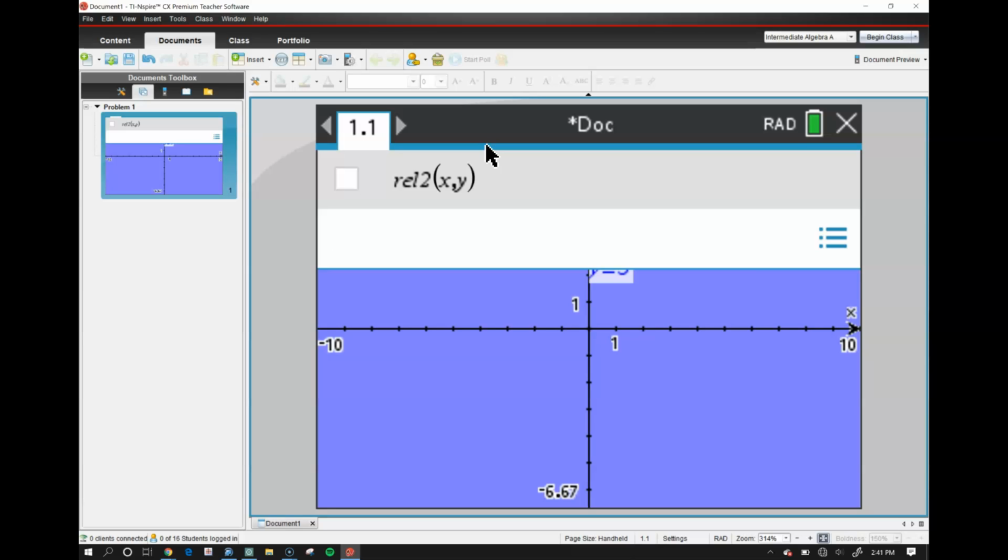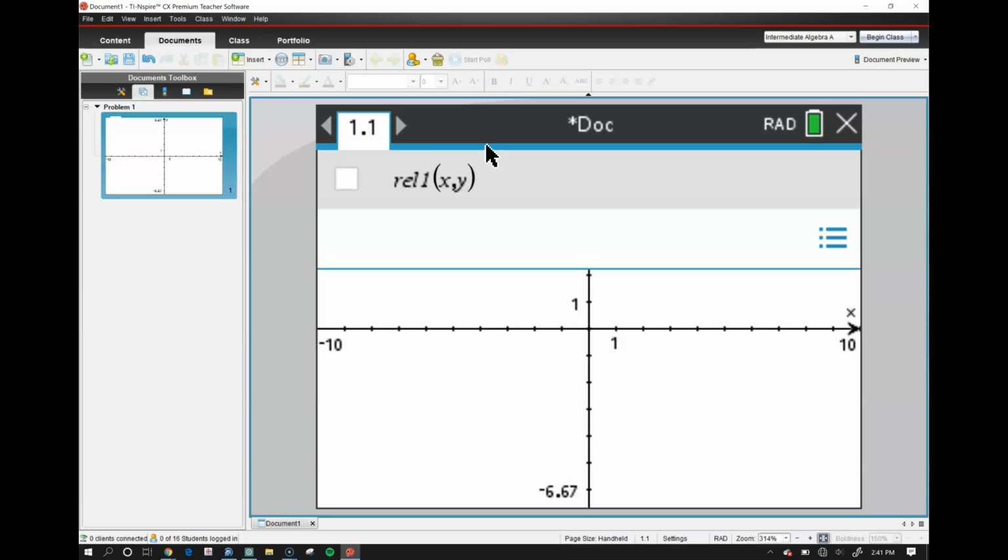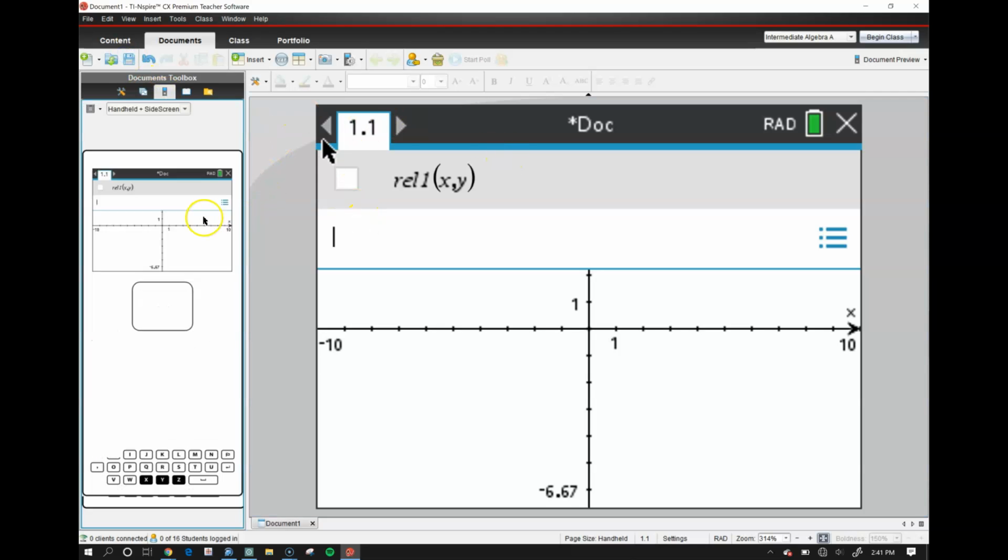Okay, we're doing the example we just did. Can I see your calculators? All right, so I'm going to show you. If you're not in relation mode, that's totally fine. I'm going to try and show the calculator.